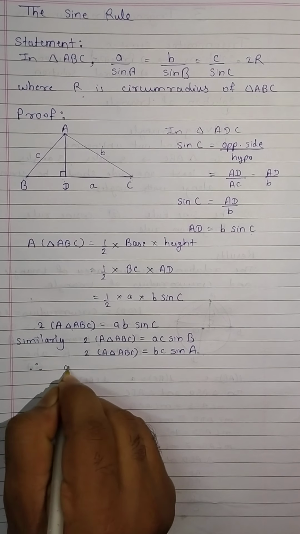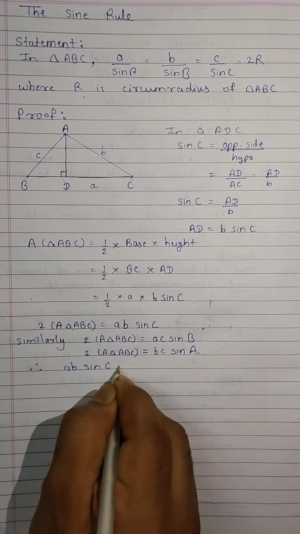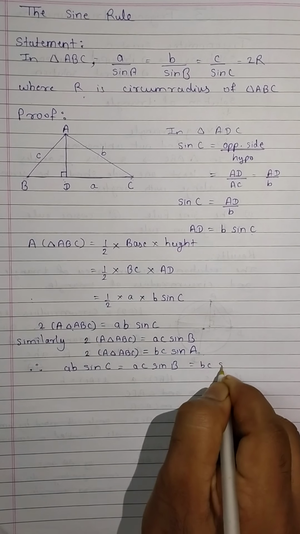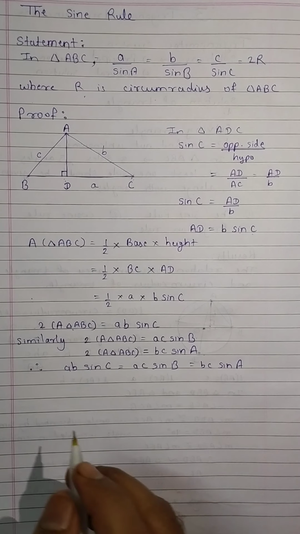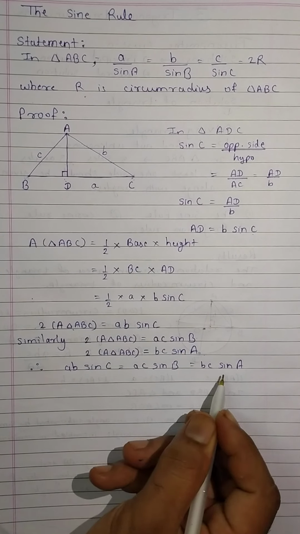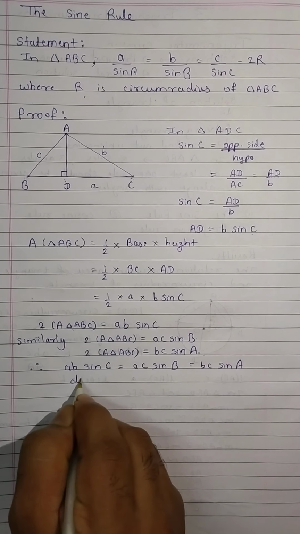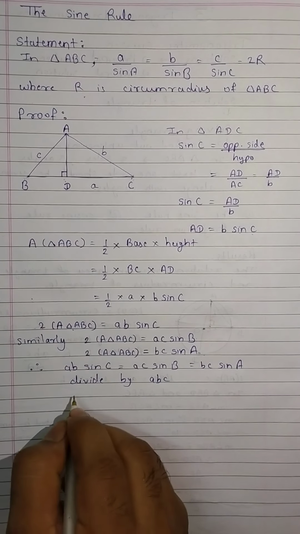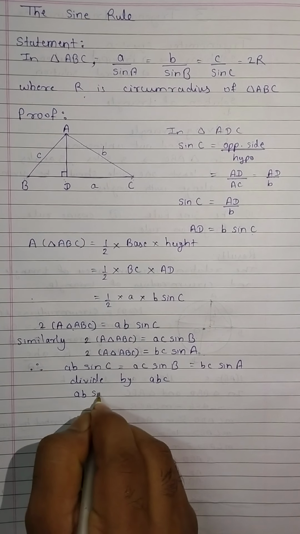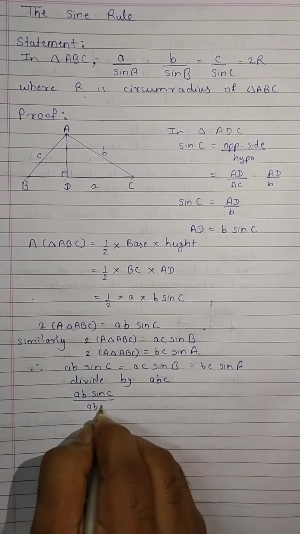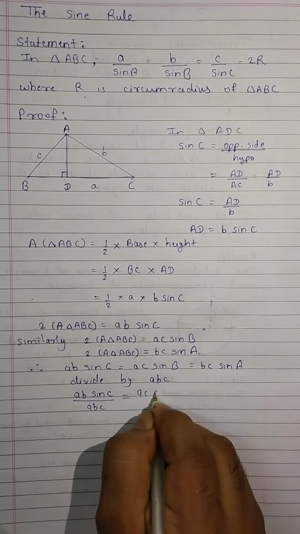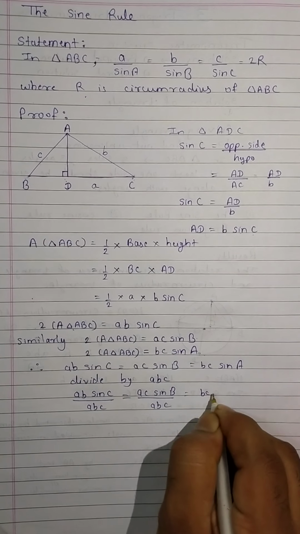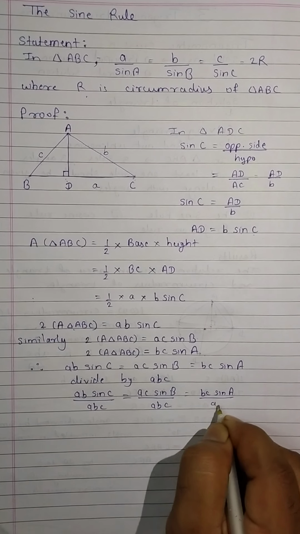Therefore we get ab sin C is equal to ac sin B is equal to bc sin A. Now we will divide these three equations by abc. ab sin C upon abc, ac sin B upon abc, and bc sin A upon abc.